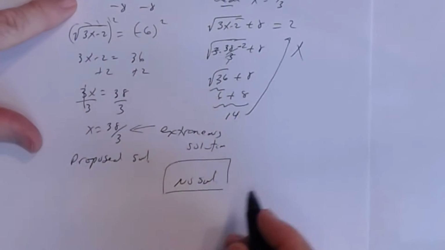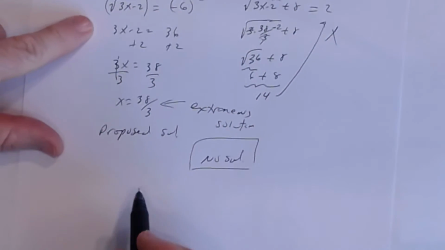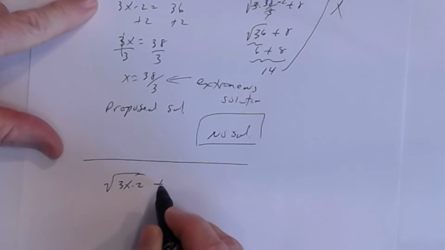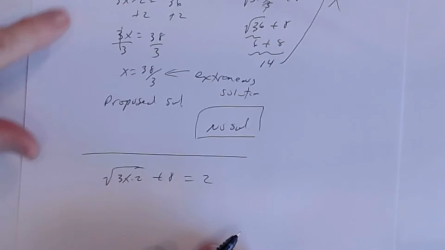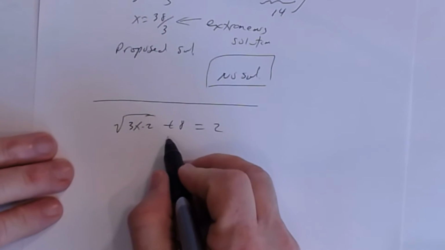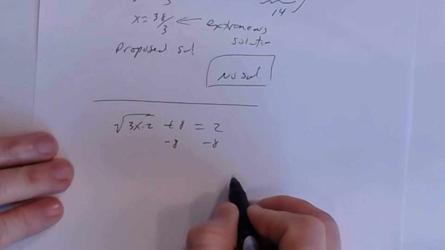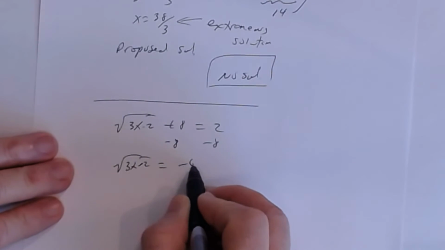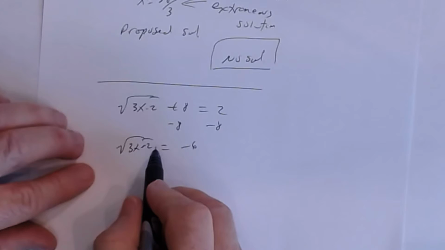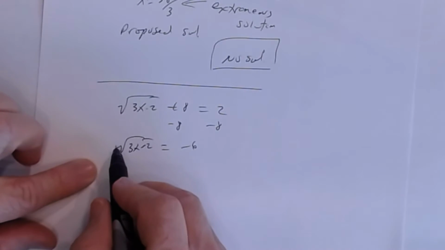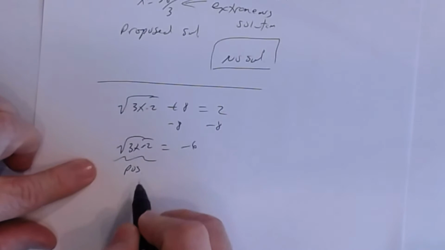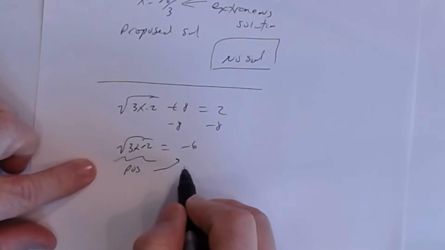Now, I want to mention this. Let me go back and redo it. You have the square root of 3x minus 2 plus 8 equals 2. You remember we subtracted 8 from both sides, and you got the square root of 3x minus 2 is equal to negative 6. Well, you see this square root here, that's a positive square root. So this side's always going to be positive, and a positive is never negative.